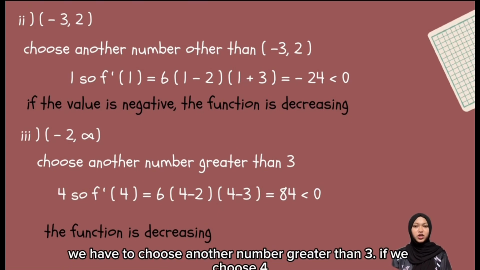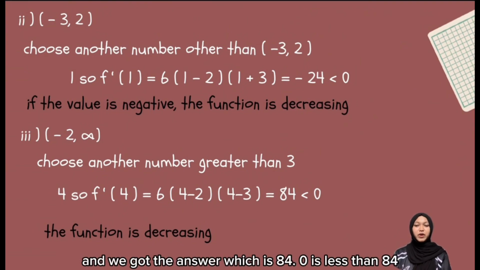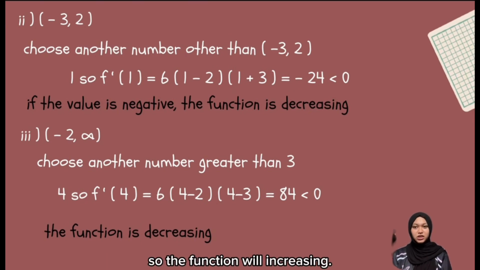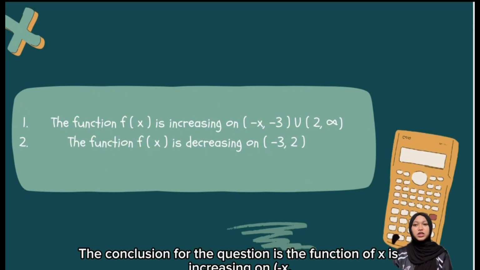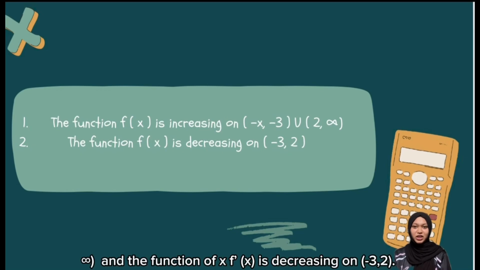If we choose 4, then do the same calculation as number 1 and number 2, and we got the answer, which is 84. 84 is greater than 0, so the function will be increasing. The conclusion for this question is the function f(x) is increasing on -infinity to -3 and 2 to infinity, and the function is decreasing on -3 to 2.